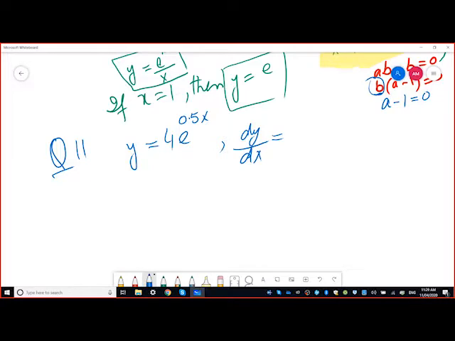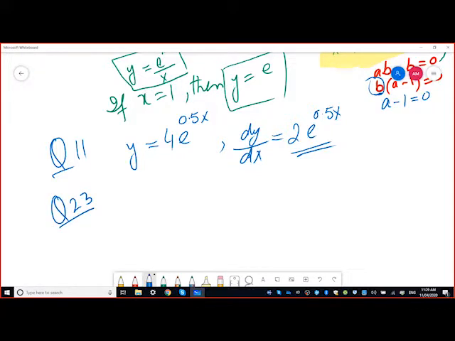It is 2e to the power of 0.5x. Very nice. That's correct. Okay, let's do another question, which is question 23 of the book.